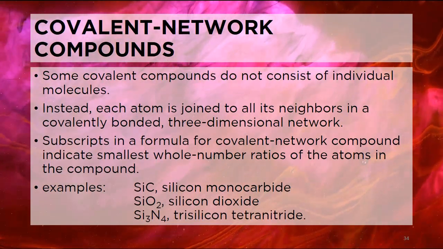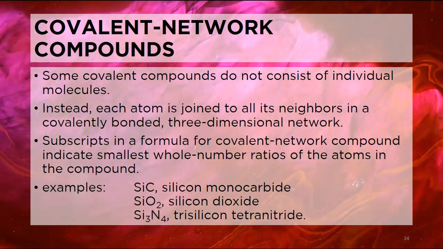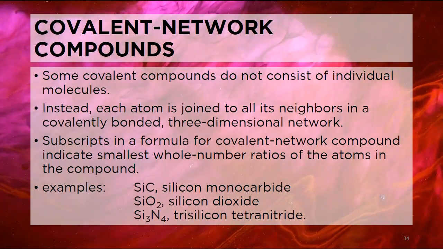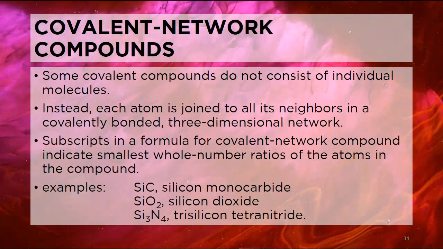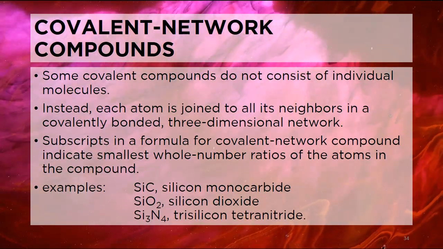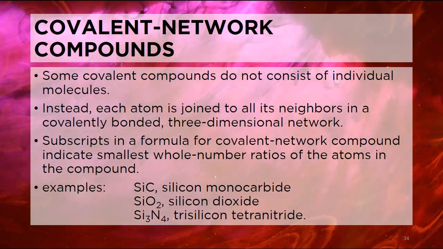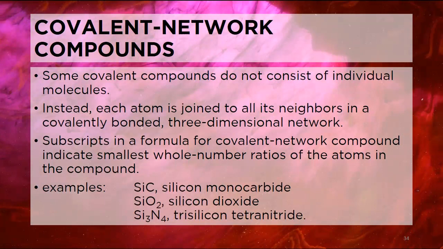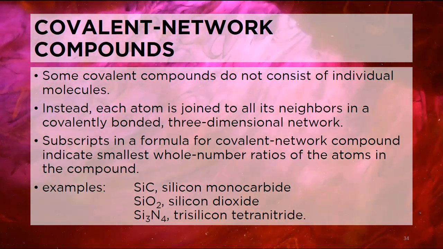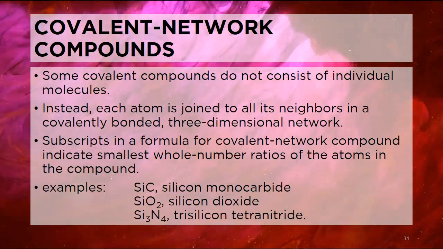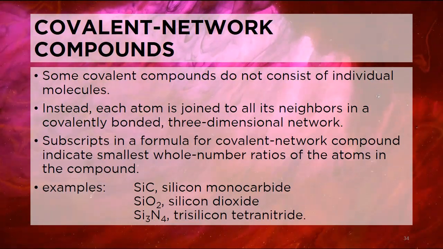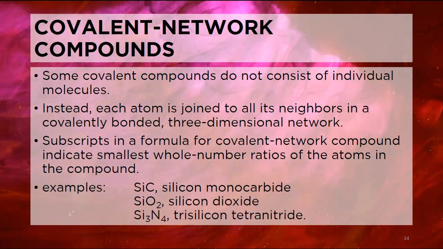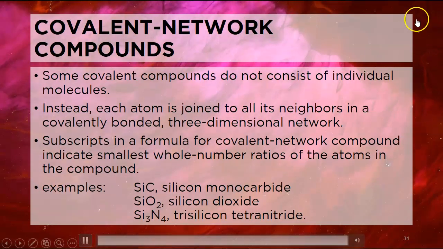So make sure you update this in your notes that there was a typo there for SiC, but it should be silicon monocarbide. SiO2 would be silicon dioxide, and then Si3N4 would be trisilicon tetranitride. So again, just adding that prefix to the second word, and if the first word has more than one, we'll add that there as well.